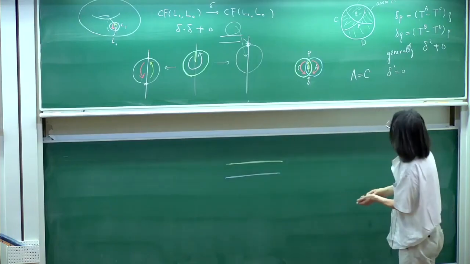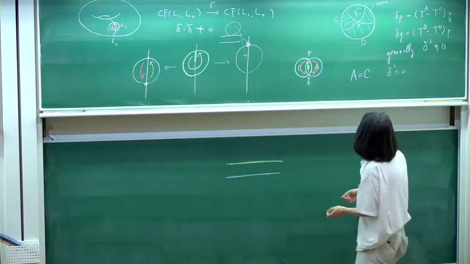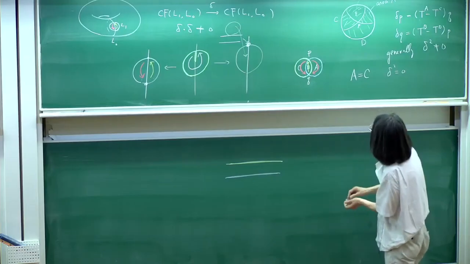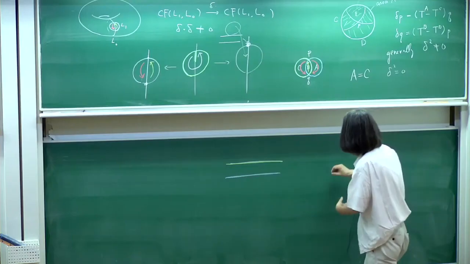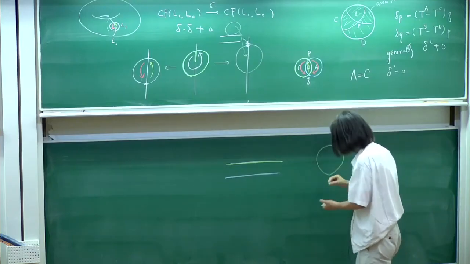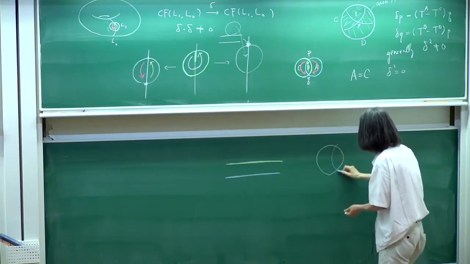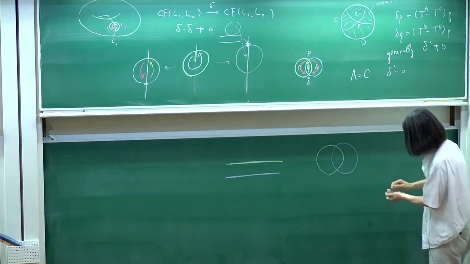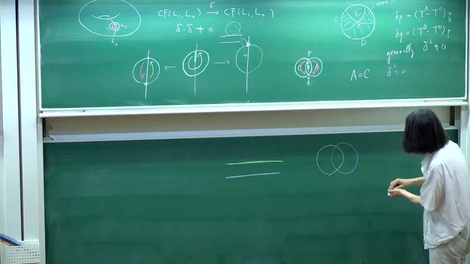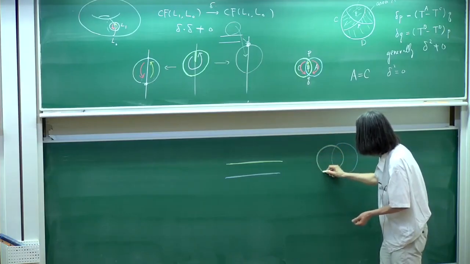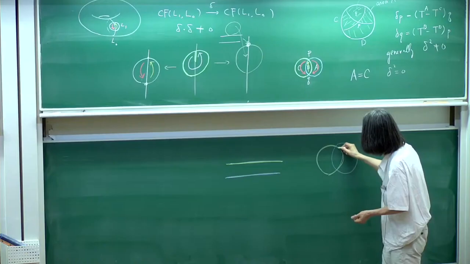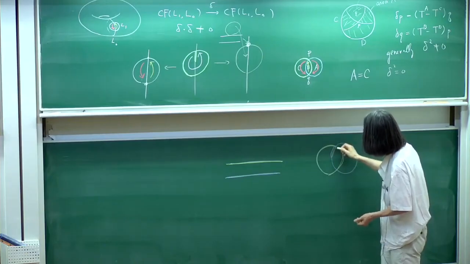And then originally I considered the following thing. So here I have a green one and a blue one here. Okay? And then I want to consider this sort of holomorphic disk like this.